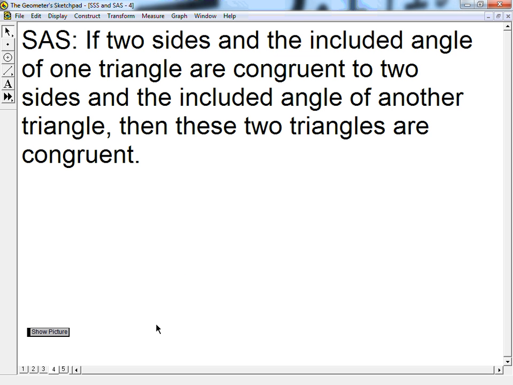So let's formalize this. Side angle side. If two sides and the included angle of one triangle are congruent to two sides and the included angle of another triangle, then these two triangles are congruent.